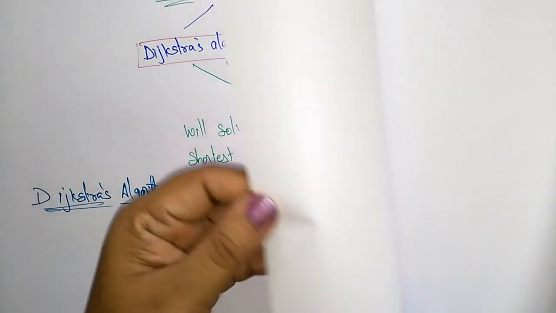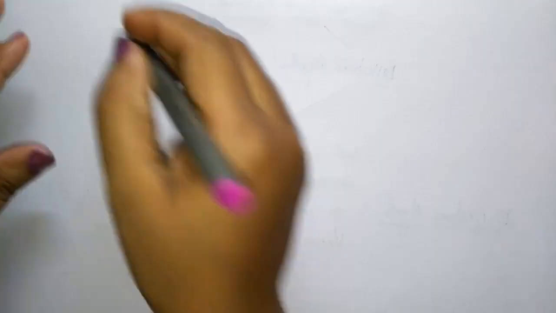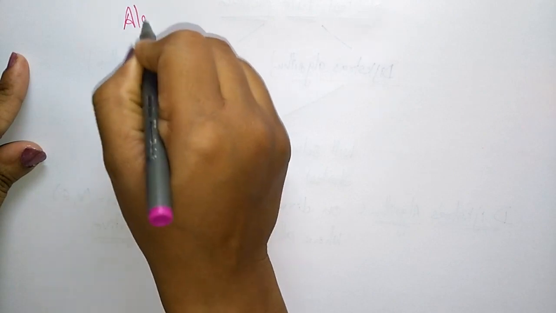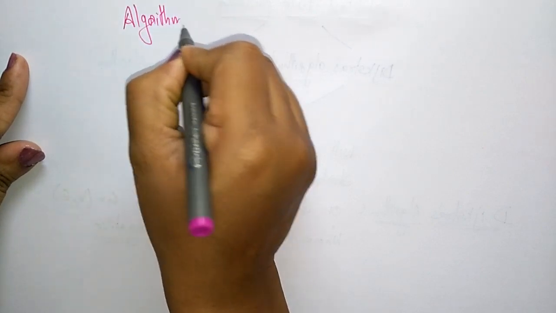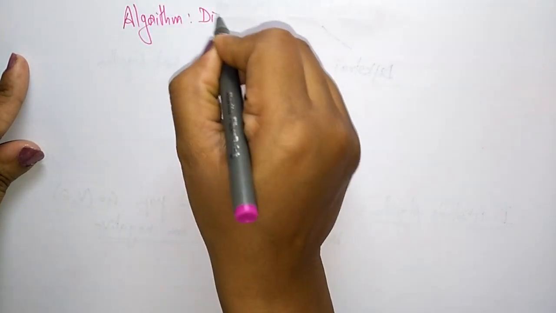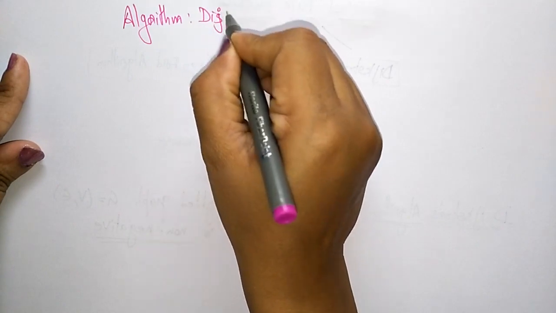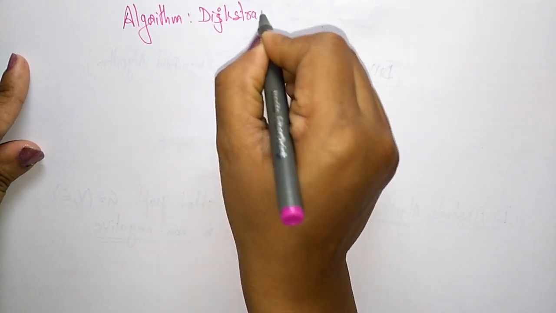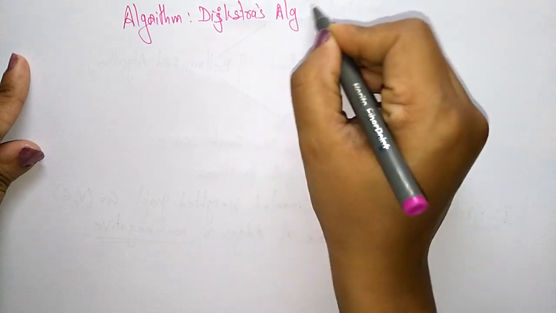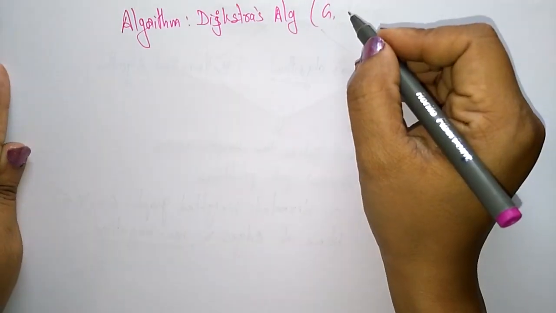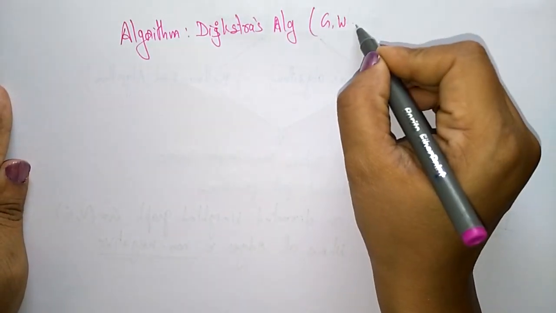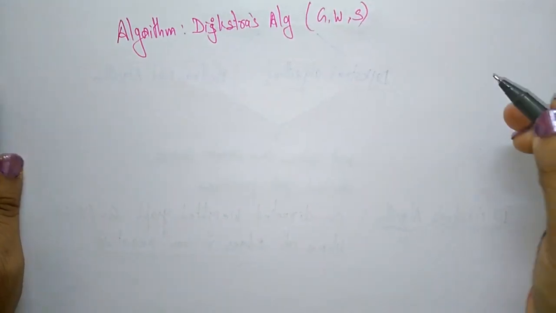Let me write the algorithm of this method. Dijkstra's algorithm: G is the graph, W is the weight of the edge, and S is the start.